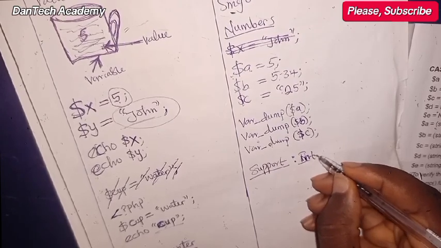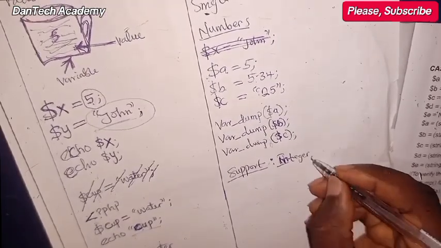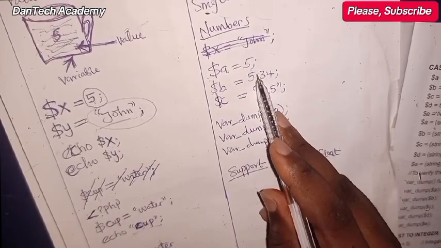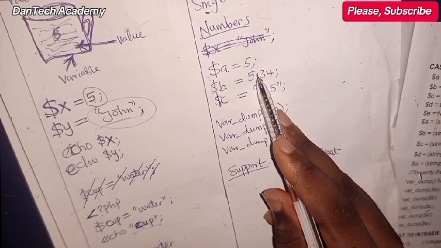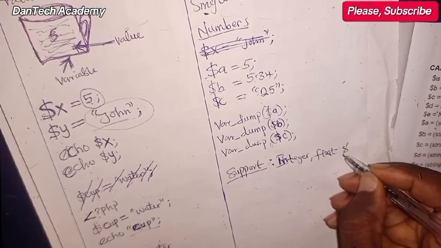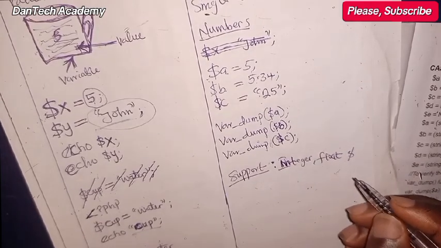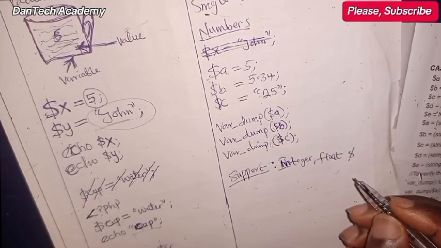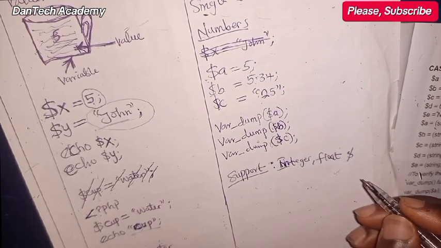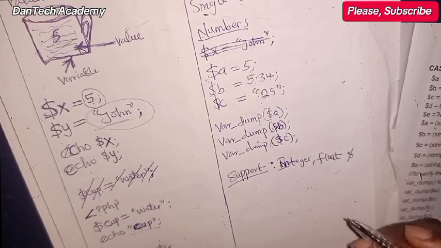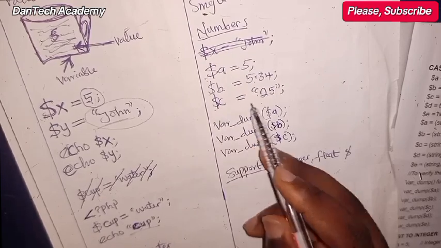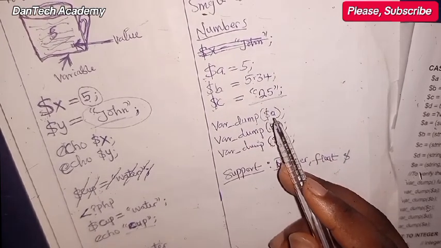Floats are those kinds of numbers that have decimal points. They are considered to be floats. And another type is the string, so PHP supports strings representing numbers. So when I have this $c, this is also a string, okay?